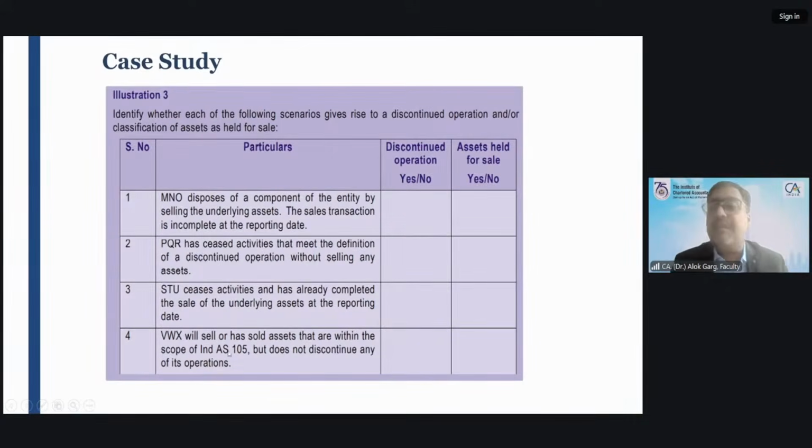You need to tell me whether these scenarios are discontinued operation or asset held for sale or both. MNO disposes of a component of the entity by selling the underlying assets. The sale transaction is incomplete at the reporting date. Whether it is a discontinued operation, whether it is an asset held for sale. Tell me what is it?